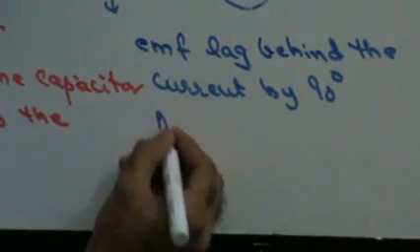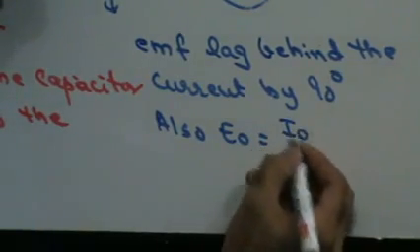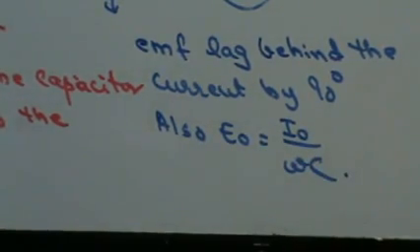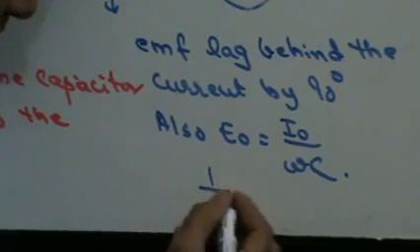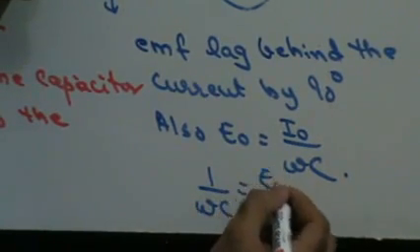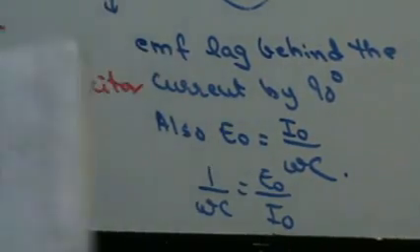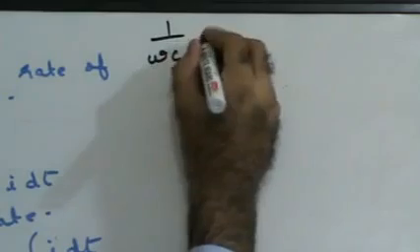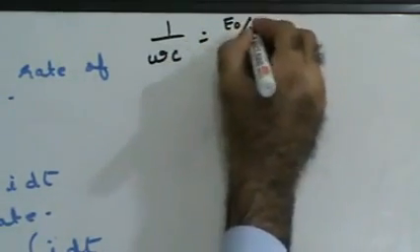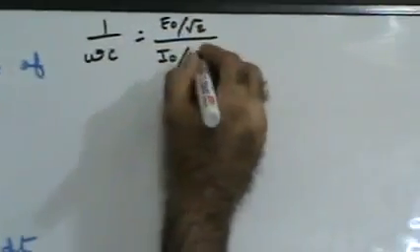Now also we have said that E0 is nothing but I0 upon omega C. We have assumed this. Therefore I can say that 1 upon omega C is nothing but E0 upon I0. I'm taking the I0 down here, cross multiplication. Divide numerator and denominator by root 2. If I divide numerator and denominator by root 2, I will get 1 upon omega C is nothing but E0 by root 2 divided by I0 by root 2.